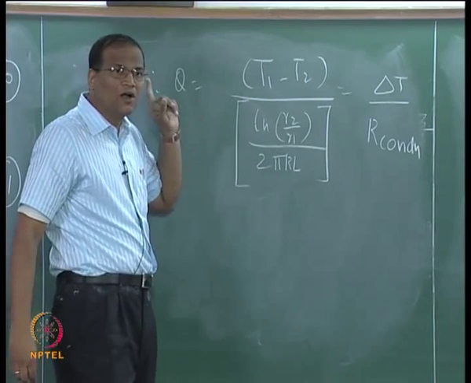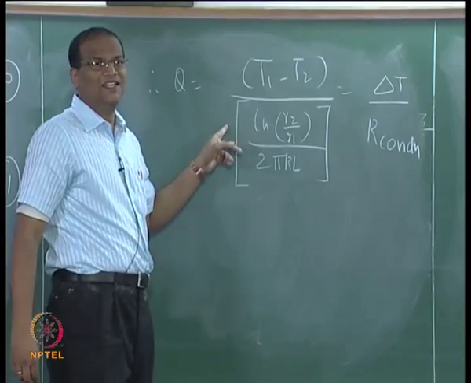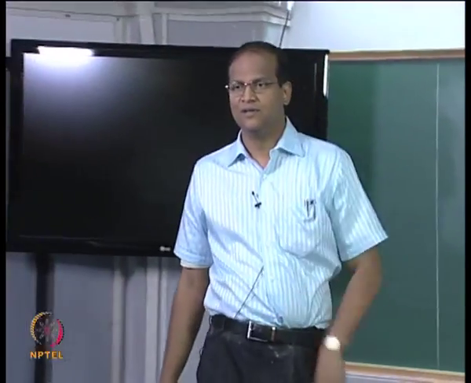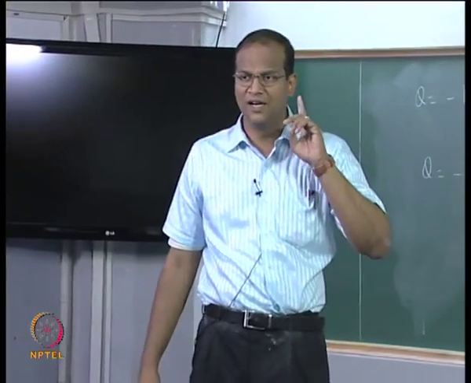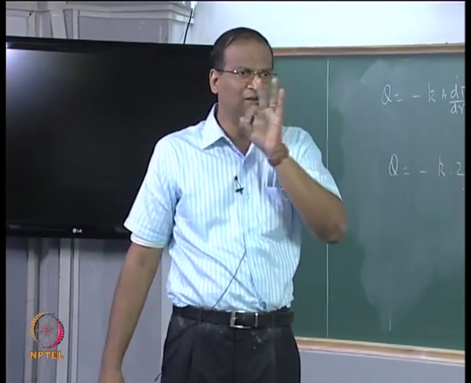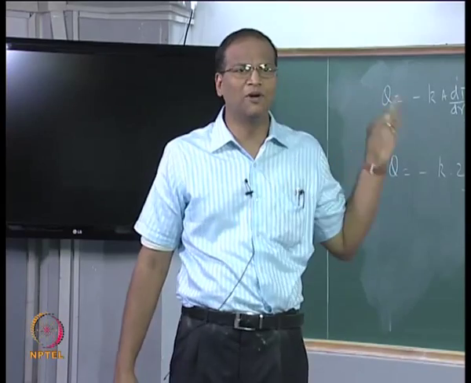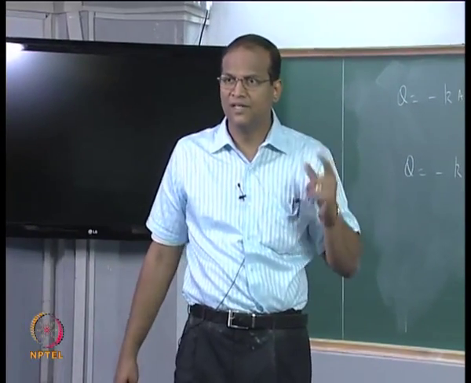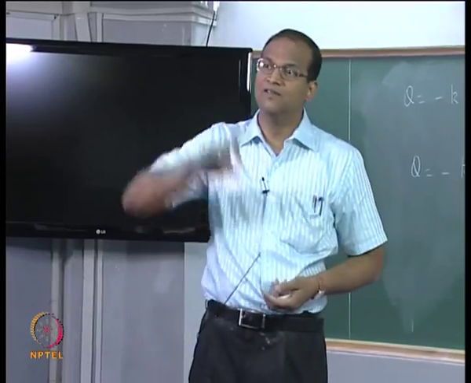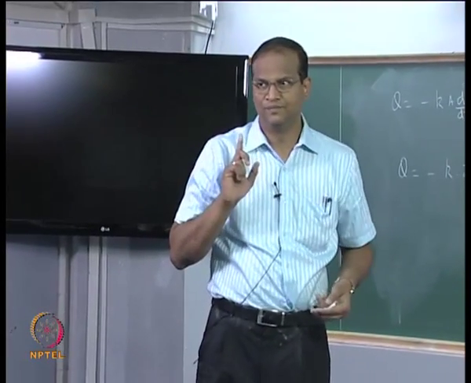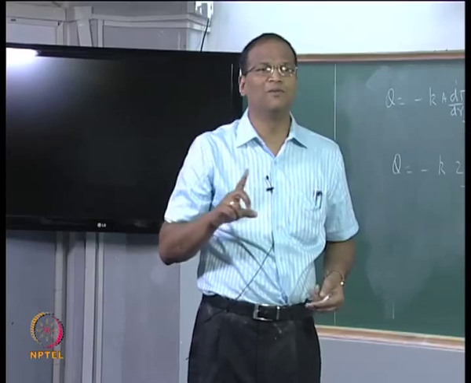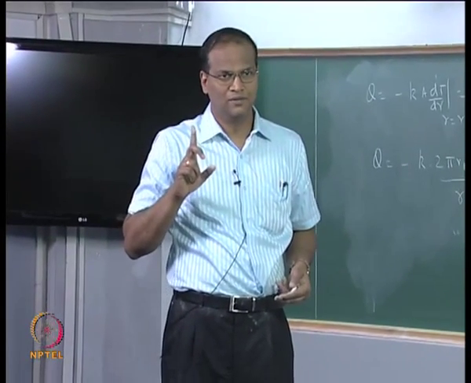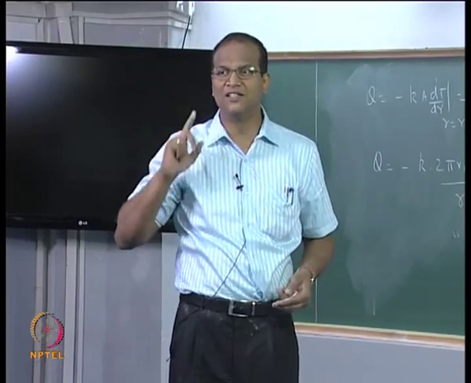So the natural log occurs naturally in the case of conduction in cylindrical coordinates. This did not come in the case of conduction in Cartesian coordinates. The only culprit for this is the changing area 2 pi r dr, which led to A by r, which led to A ln r, which may also lead to problems when you are solving for conduction within a solid. Then what will happen to the temperature at the center?